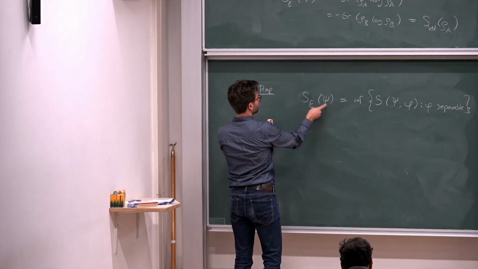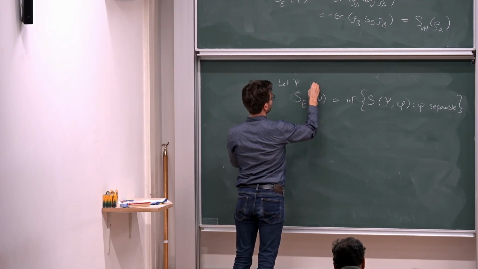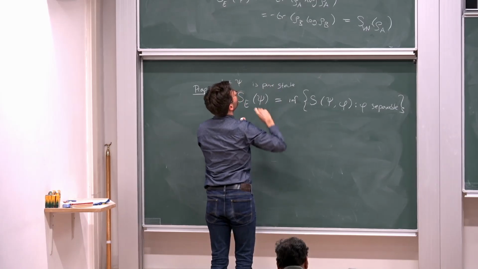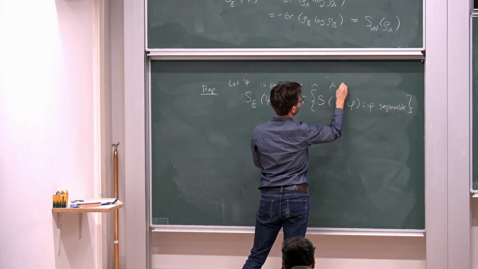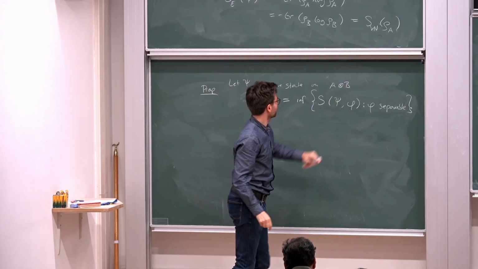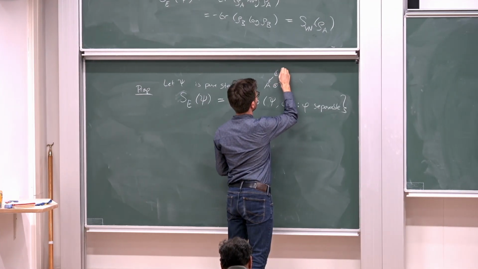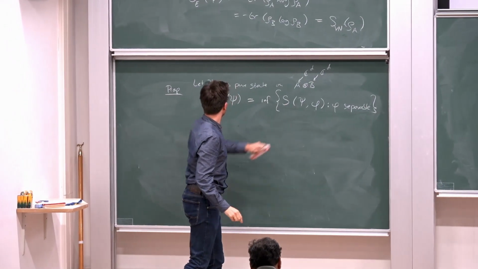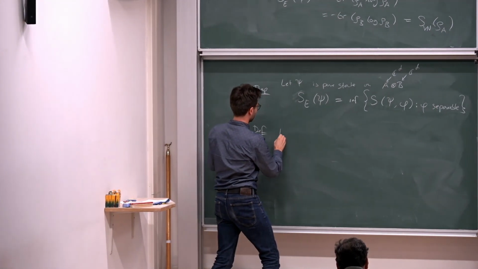Here psi is a pure state on A tensor B, in slightly sloppy notation, on this bipartite system, and these are finite dimensional. So now we need to actually define this thing.